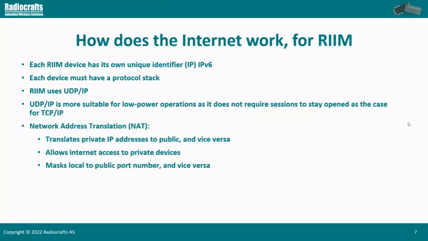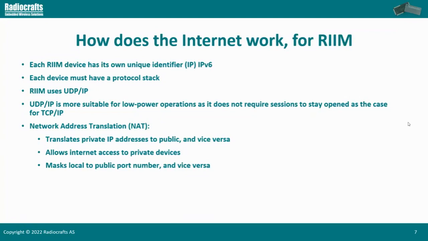And just like the TCP over IP in the normal internet, if we can call it really normal internet, now in RIIM we have UDP over IP. The main difference is that TCP over IP includes negotiations and handshakes and establishing sessions and exchanging packets in the session and keeping the session open.